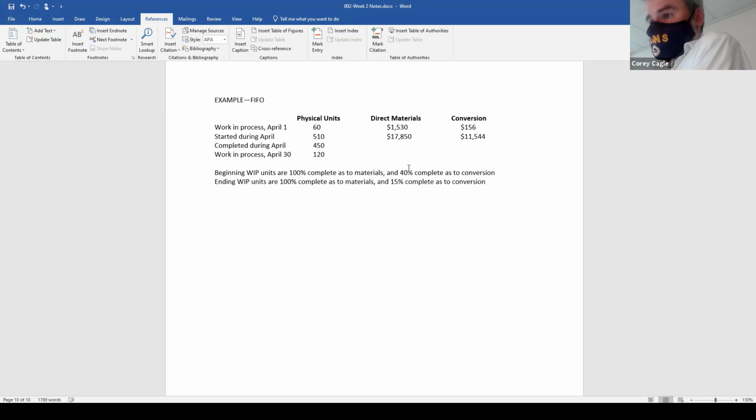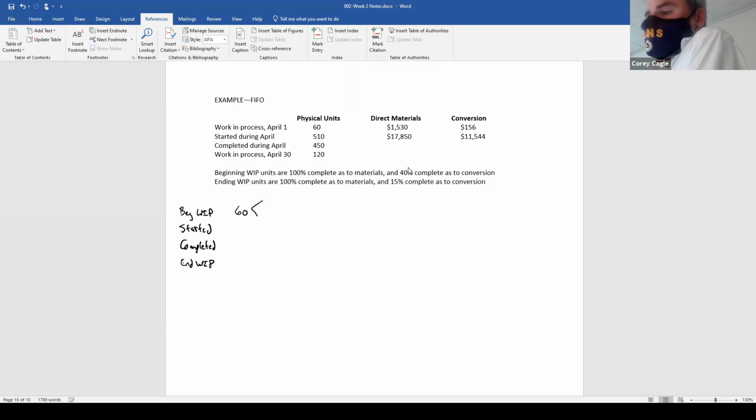Step 1, same. Figure out where you were, where you ended up. This time, though, what's going on with those beginning units is going to matter to us. So our beginning units, we had 60 of them. They were 100% complete on materials.